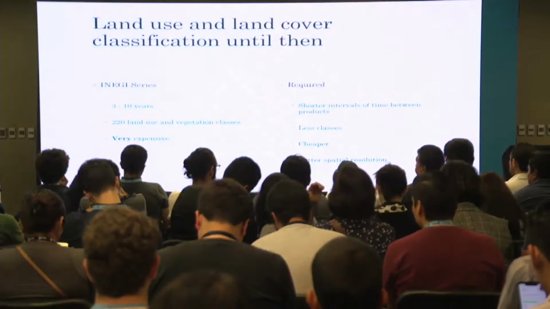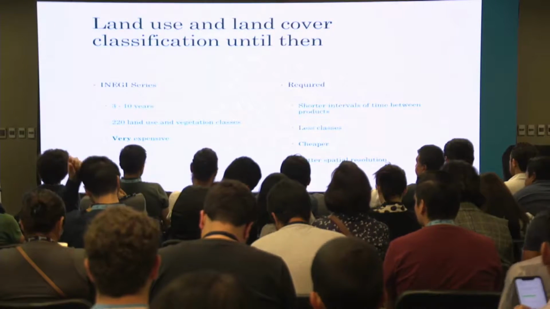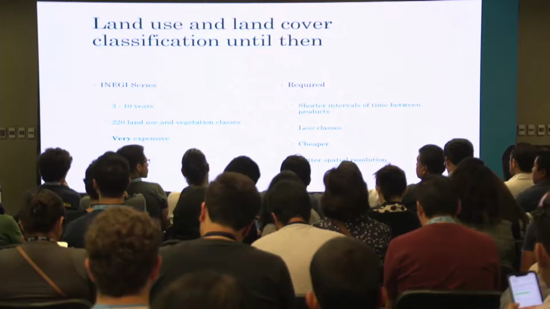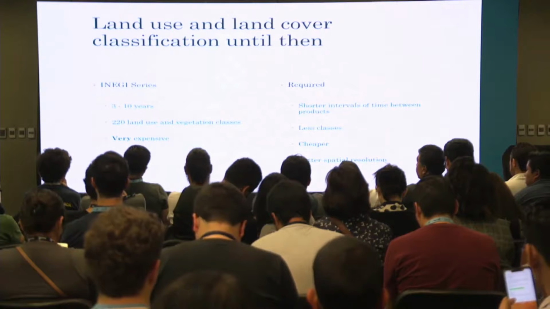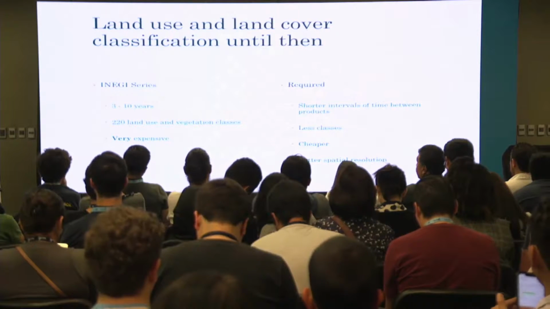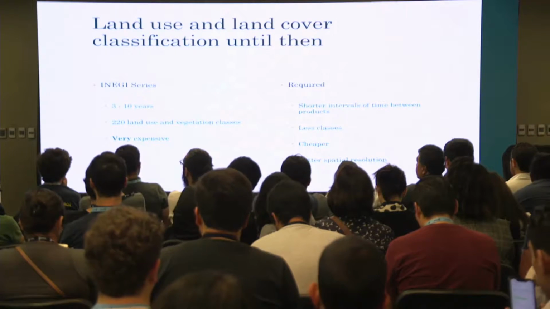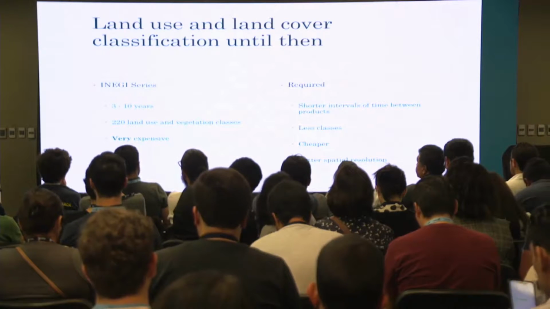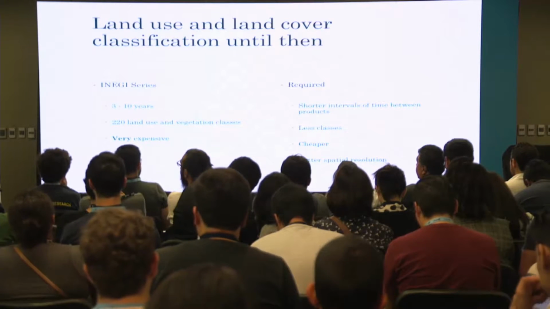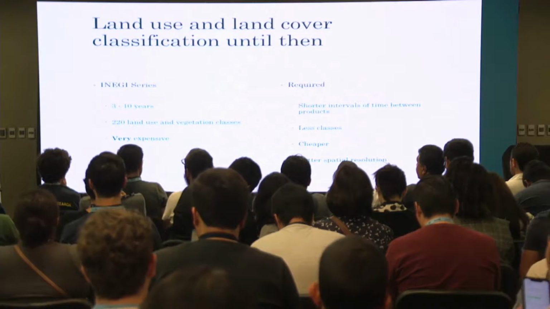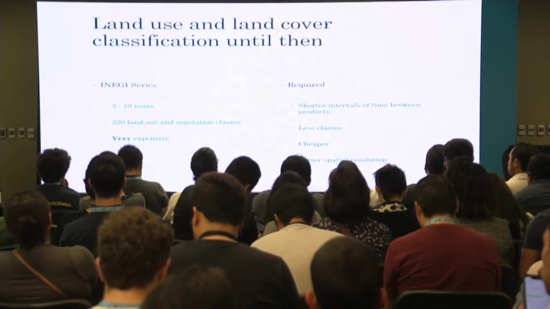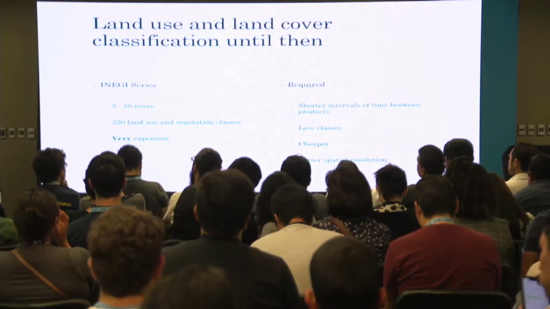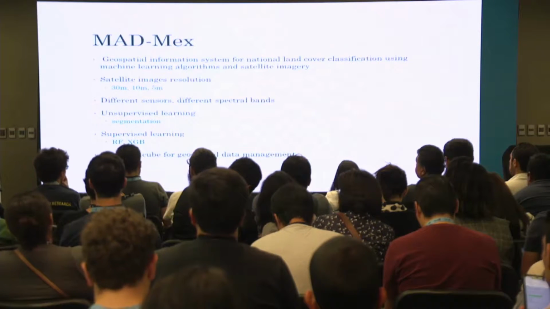They did a really thorough classification with almost 220 classes, and these classifications, called INEGI series, are very expensive. So it was not a really good idea to use them for our purpose.